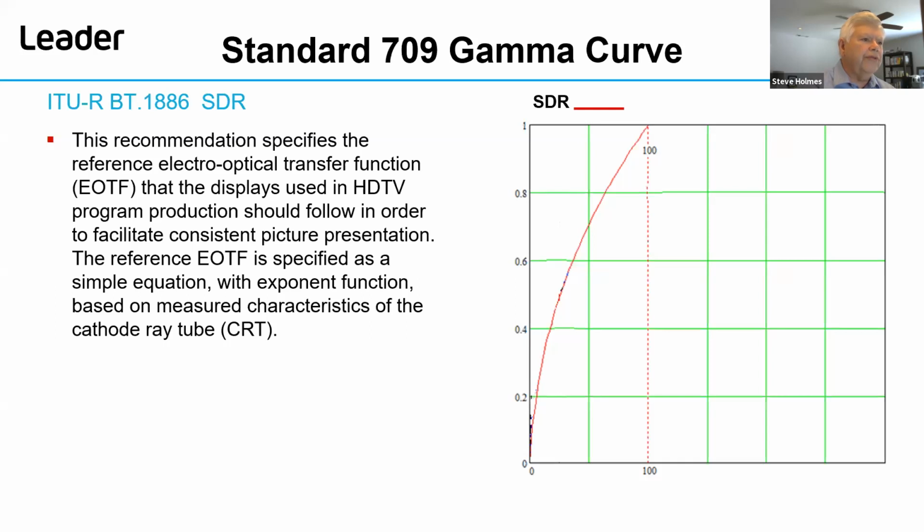We've dealt with different gamma curves forever, starting with standard definition TV. We've always had the 1886 SDR gamma curve.